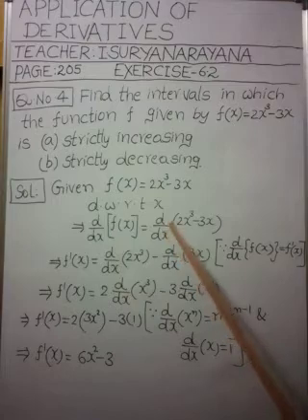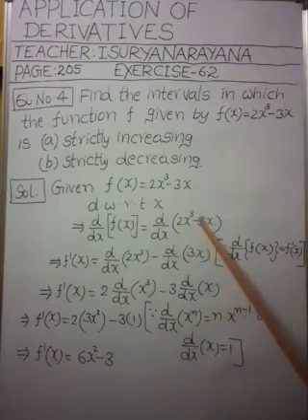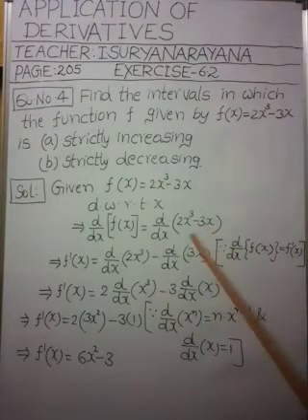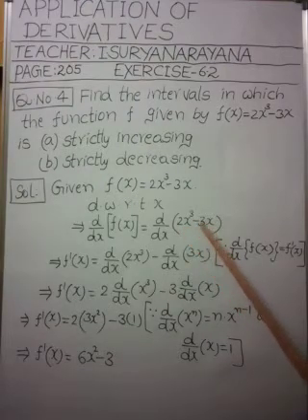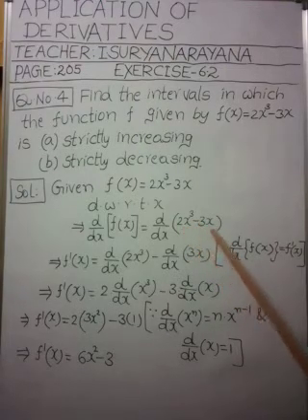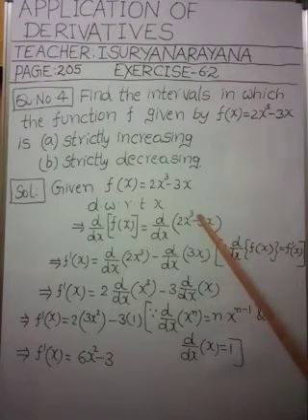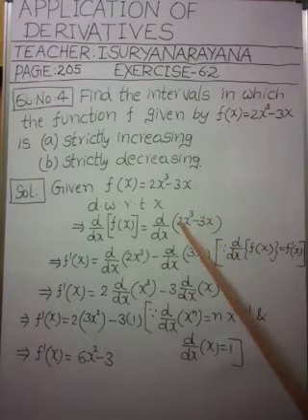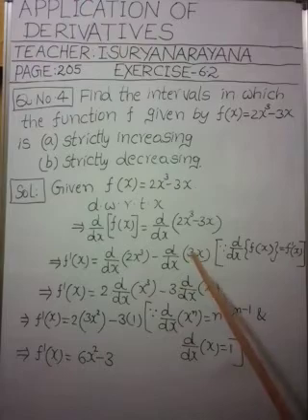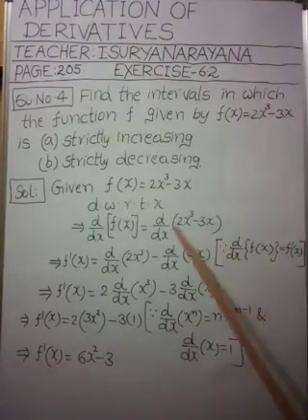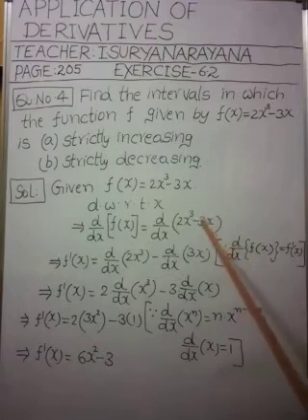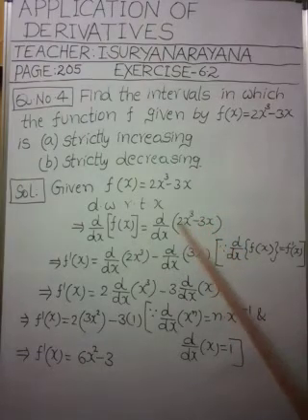Now come to RHS. D by dx of 2x cube minus 3x. If you observe this function, it is defined as the sum of two terms. So to find the derivative of this function, we can find the derivative of each and every term separately and add them. Automatically we get the derivative of this entire function, just like a distributive property.